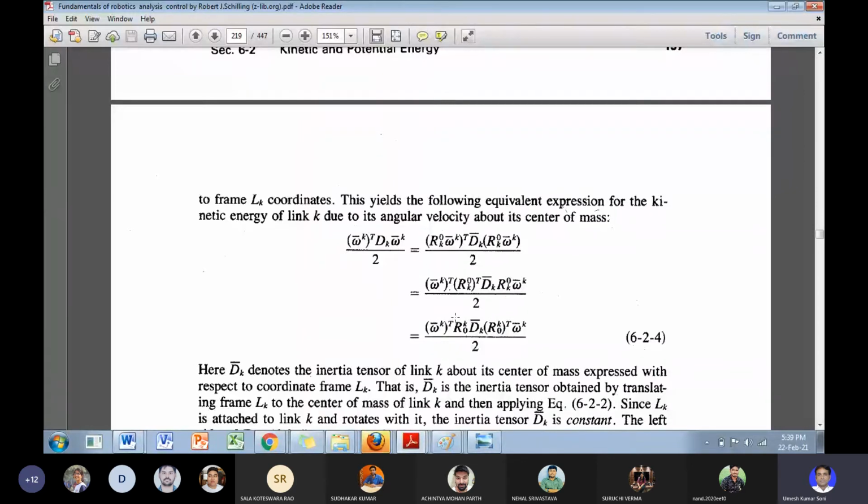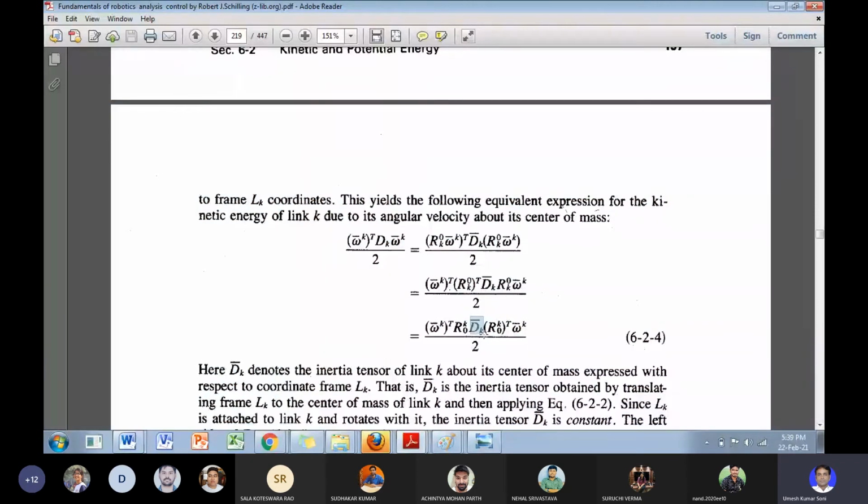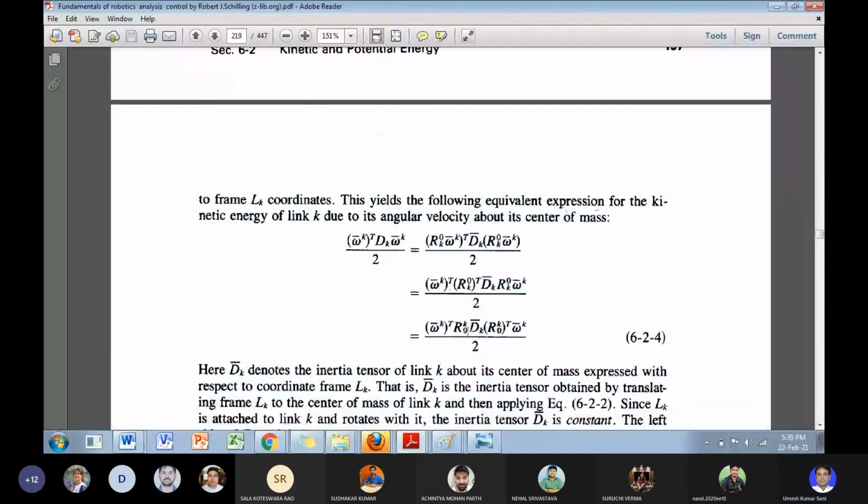Here the additional transformation matrix will be added when we want to change the inertia tensor from relative to base to now being on the basis of the kth frame. So the inertia tensor with respect to the kth frame is now put here, and these two transformations are used.